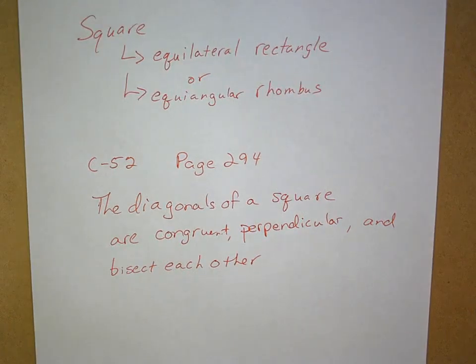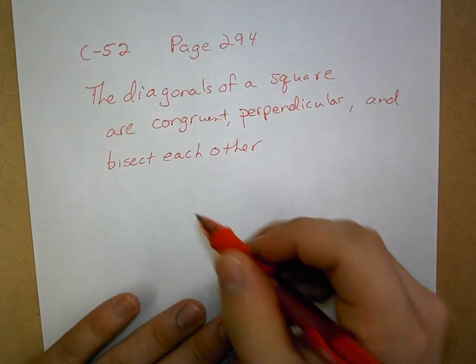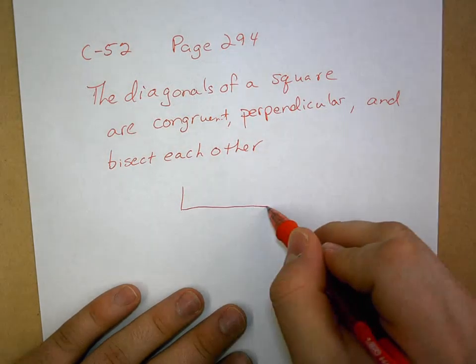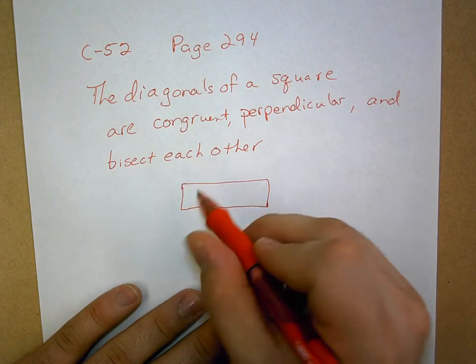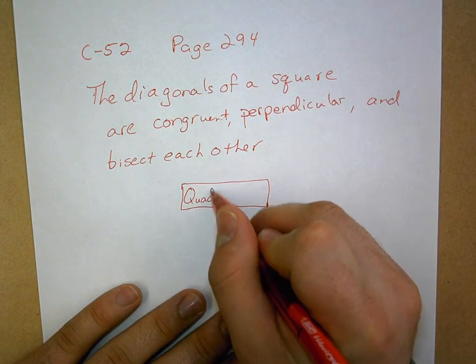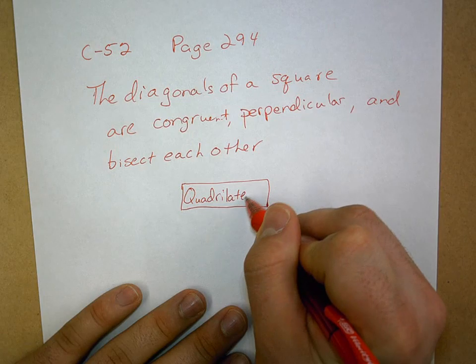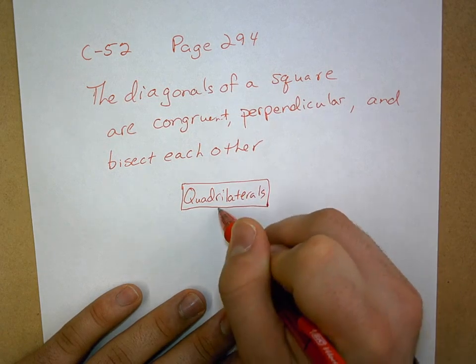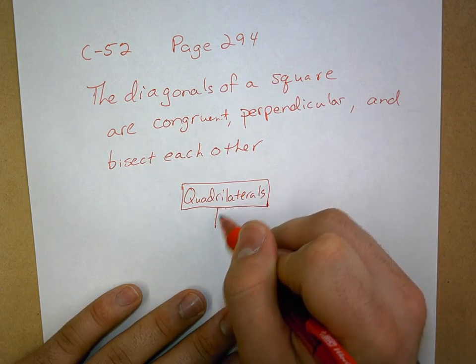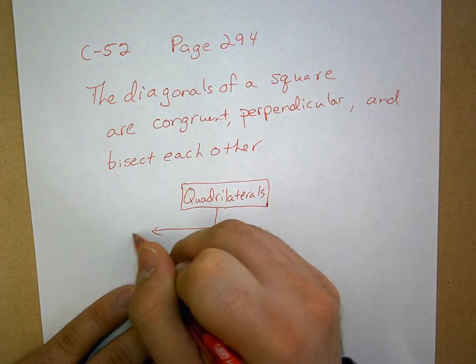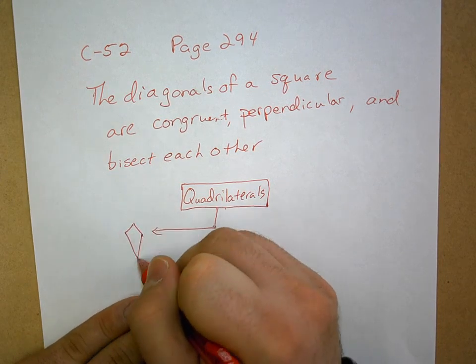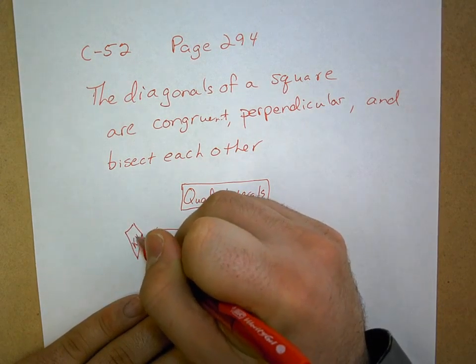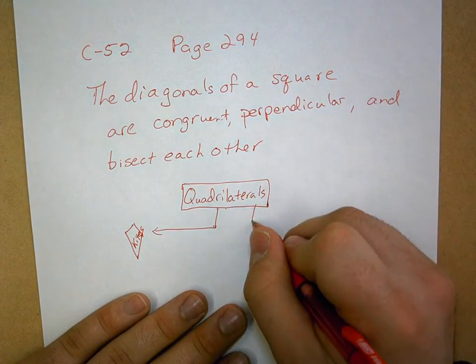So, in review, let's take a look. Okay? First, we started talking about quadrilaterals. Okay? Then we split off. We talked about kites. Then we split off.